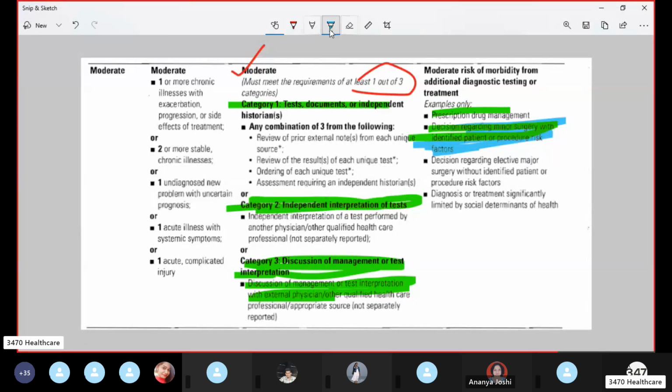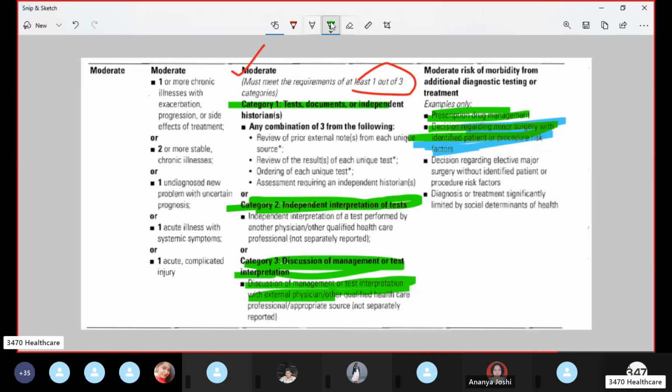So among the moderate points, if a prescription is present, you can go for moderate. Decision regarding minor surgery with risk present is moderate.